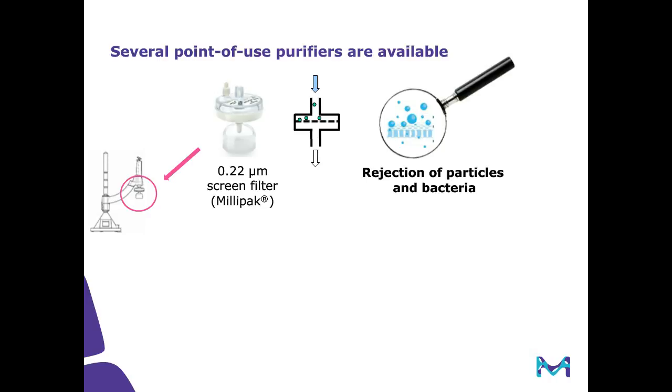On another of his points of delivery, he has an ultrafilter, which is a nice technology that removes endotoxins, nucleases, and bacteria. And of course, this is really recommended for, for example, molecular biology or cell culture applications. So he has the possibility to take one type of water or another depending on what it will be used for.